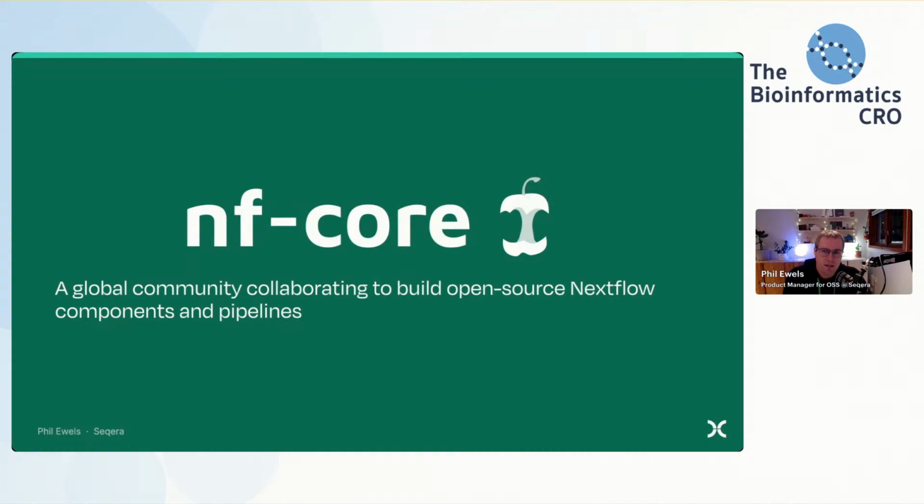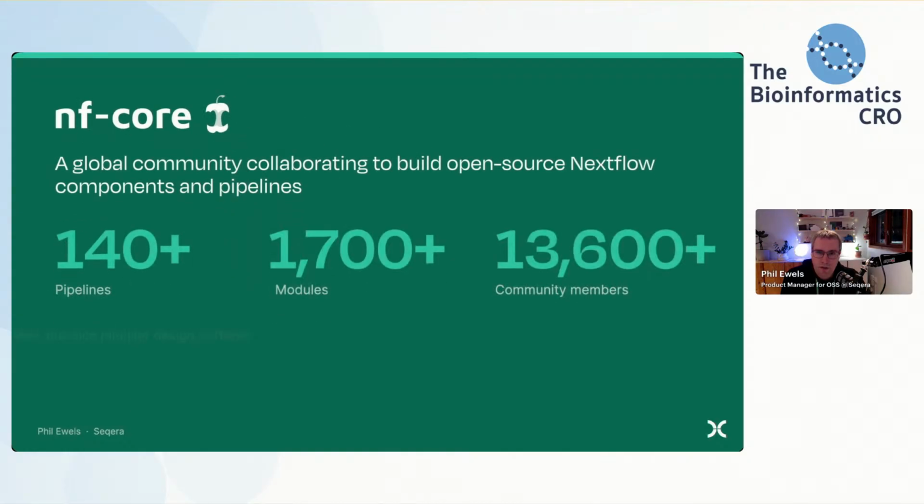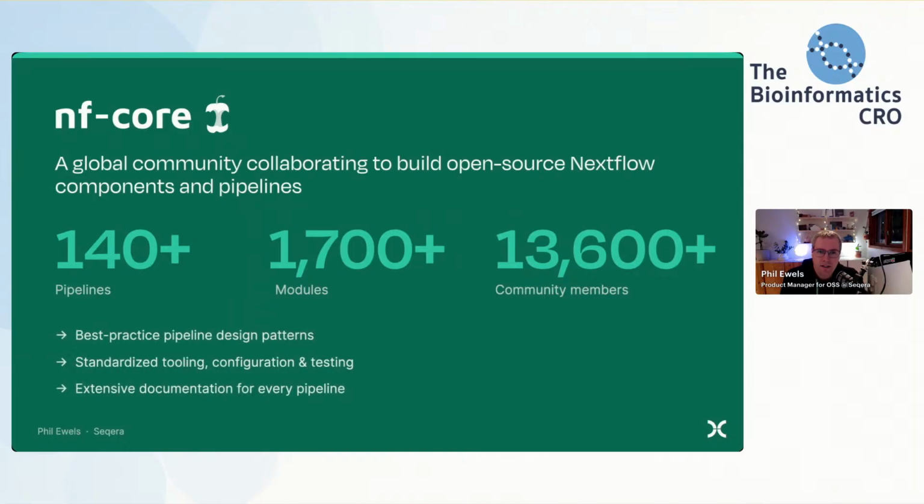And so back in around 2017-18, I started NF Core with some collaborators, some friends, and we started taking the standards that we'd built in Stockholm and opening it up to the wider world. And based on those principles, we founded this Nextflow community called NF Core. NF Core has exploded in popularity alongside Nextflow.